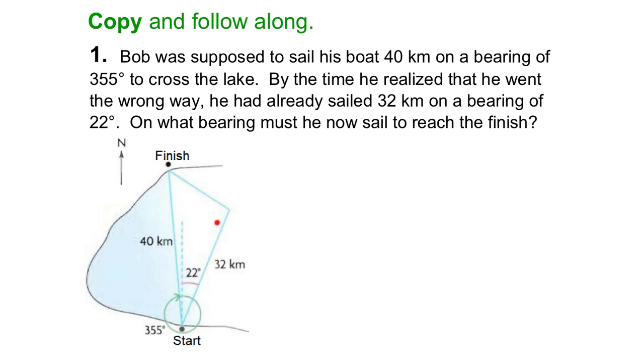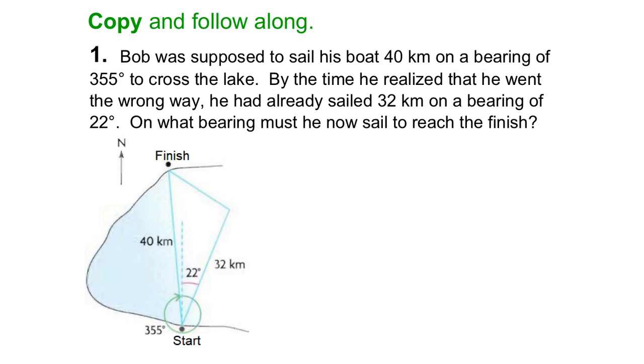Now, we could figure out that angle if we did the sine law, because it would match up with the 40 kilometer side. But we would need to know what this side length is so that we can use the sine law to find this angle. So there's going to be quite a few steps here, but that's my method. I want to find this angle in here so that I can figure out the bearing.